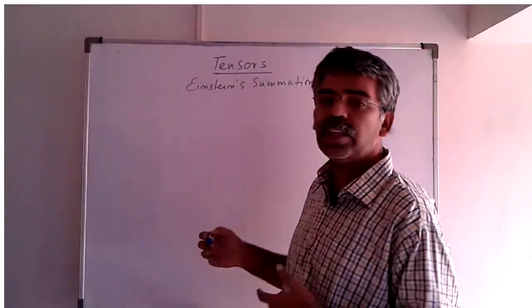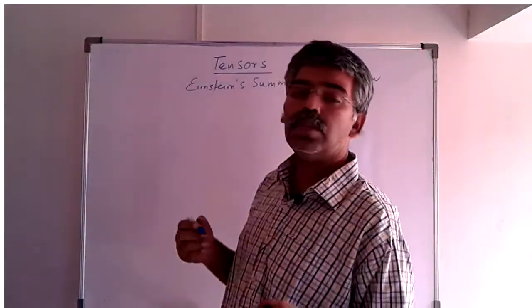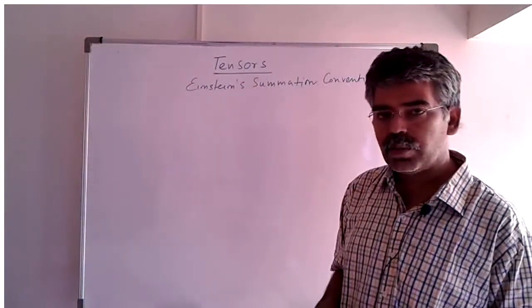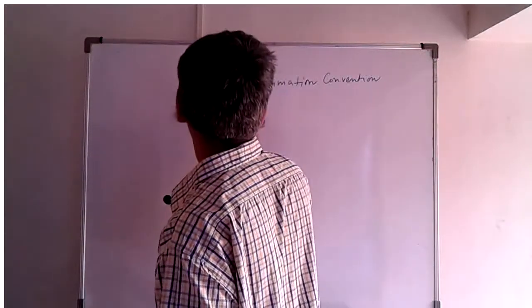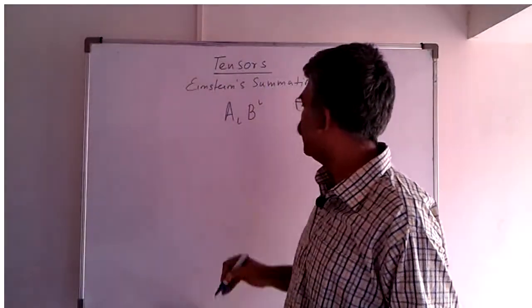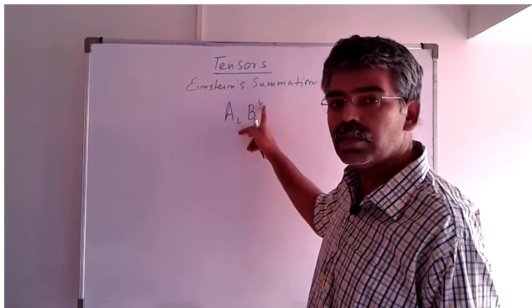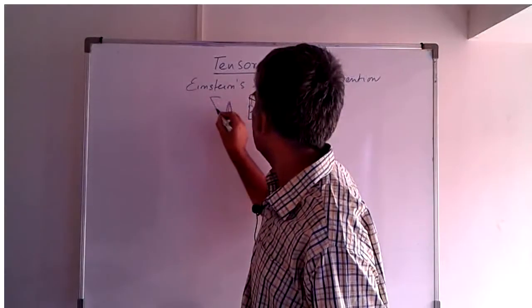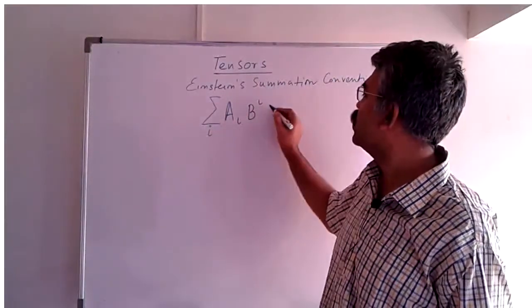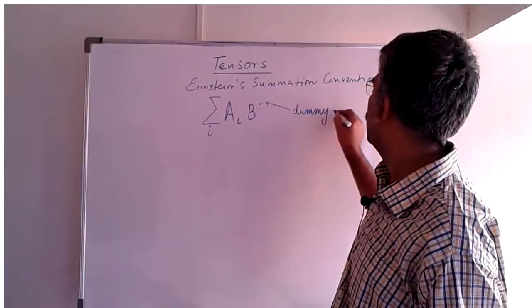Suppose if you have a repeated index, in case of tensors, one index will be a subscript, the other one will be a superscript. Suppose it is like this, A_i, B^i. If you have these two indices in common, there will be an automatic sum over this pair of index, and this is called a dummy index. Dummy index.